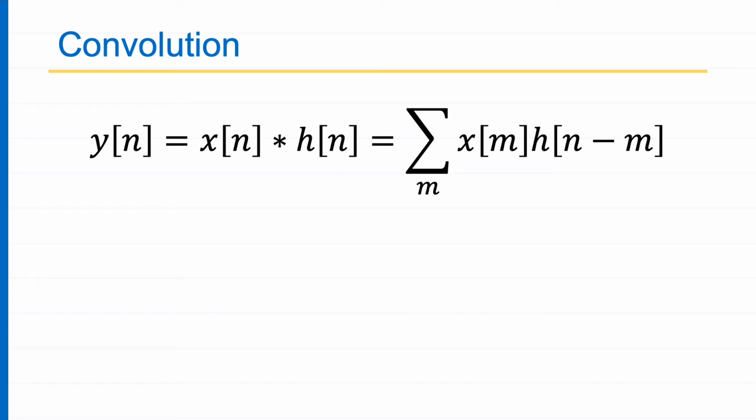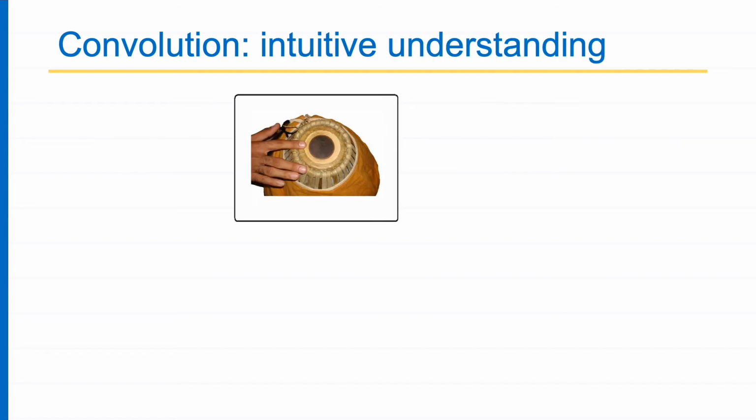So let us have a very intuitive understanding of convolution. I think just this mathematical definition may not suffice. Understand convolution as the response of a function. Let us say this is a block, a system, and it has some input and some output. What is the input? The input is hitting: somebody hits the head of a drum, and the output is a sound.